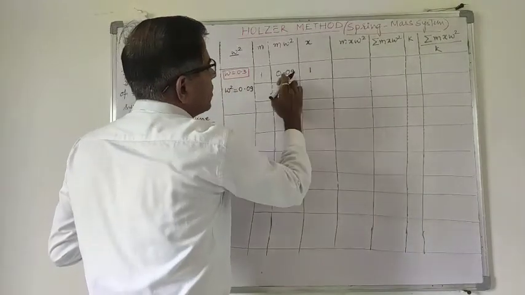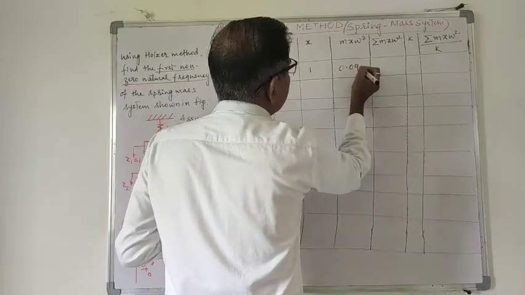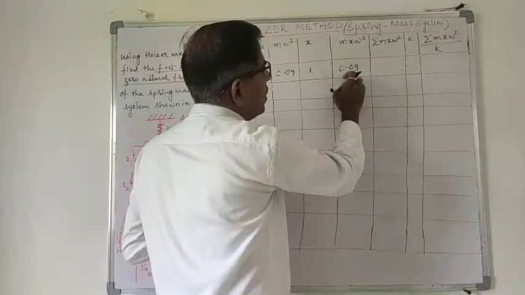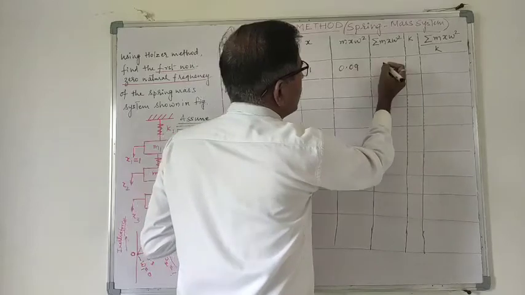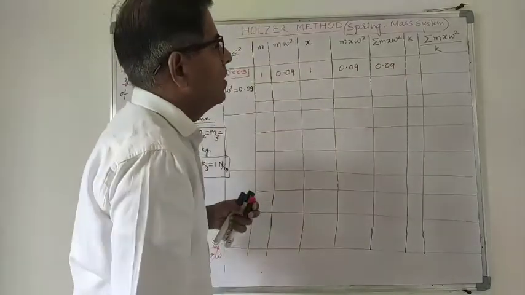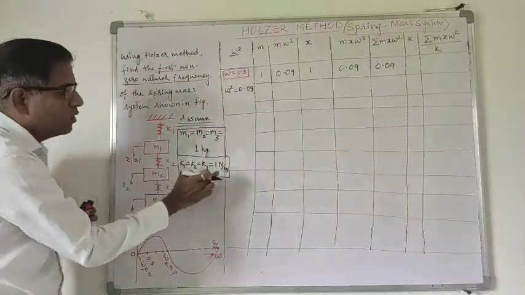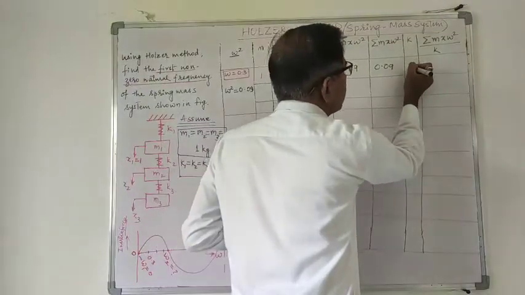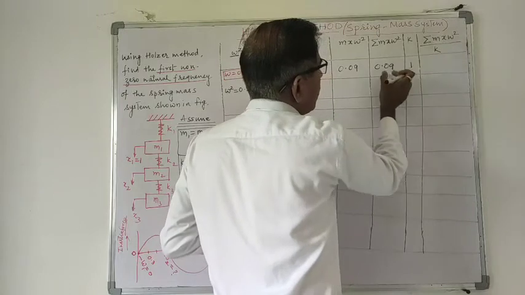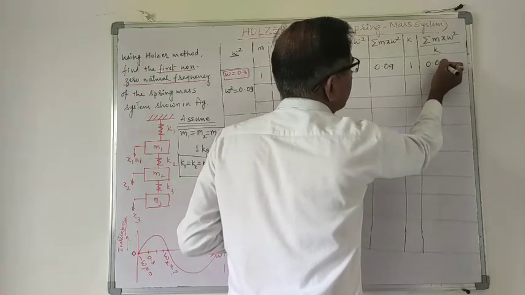Now mx omega square, these two values are multiplied, so answer will be 0.09. Then sum, so here there is only one value, so the summation is 0.09. Then value of k, the first value of k is k1 is equal to 1 Newton per meter, so again this is 1, and summation of mx omega square upon k, so this divided by 1, so our answer is 0.09.